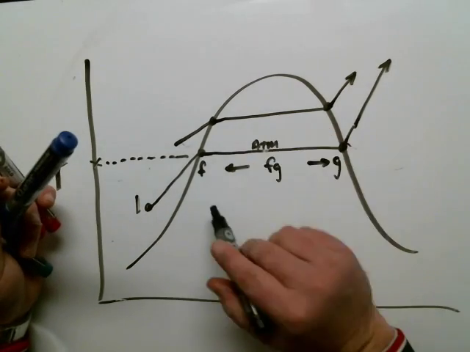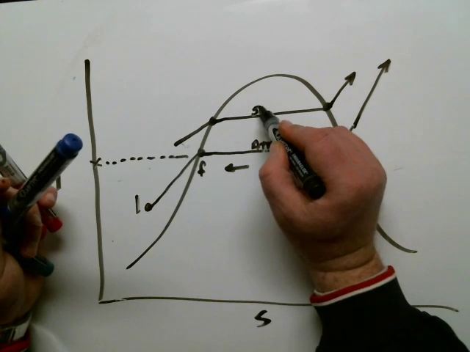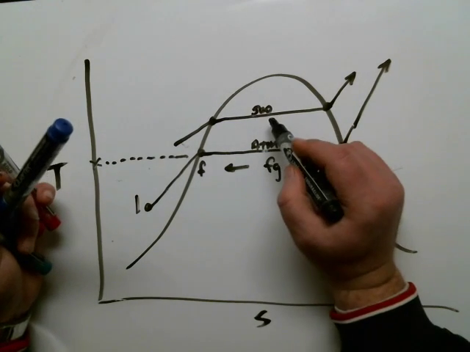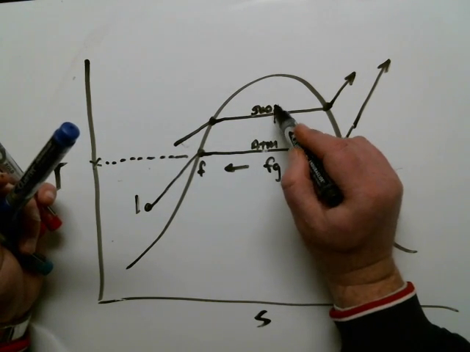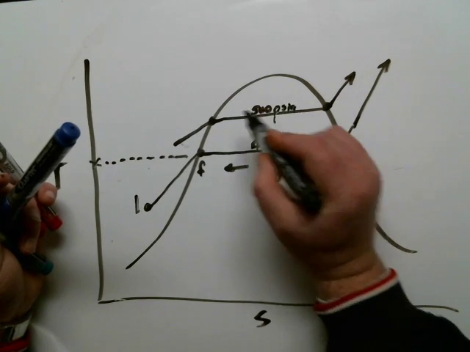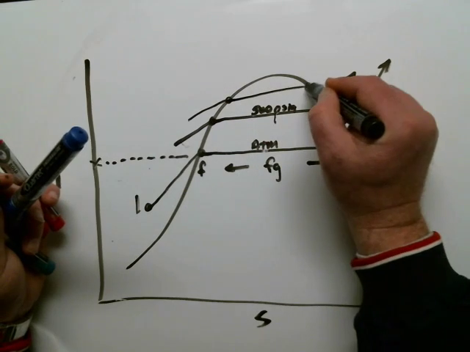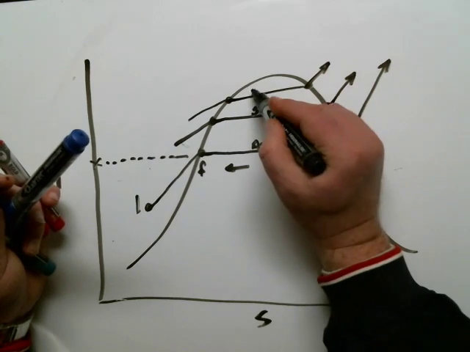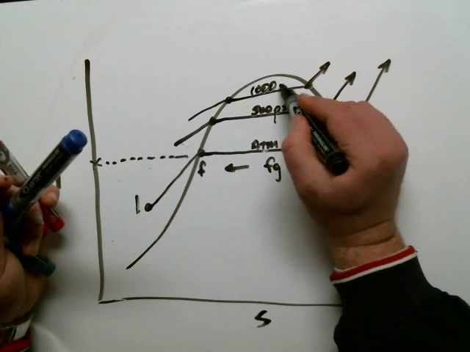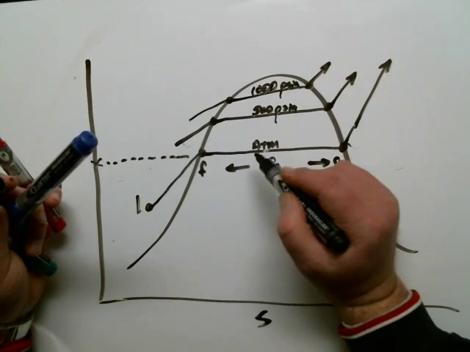I'll call that the 500-pound pressure line, 500 PSIA. And then if I wanted even farther, there's the 1,000-pound pressure line, 1,000 PSIA.